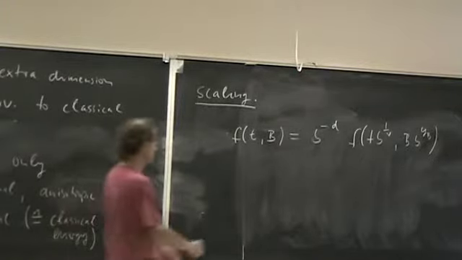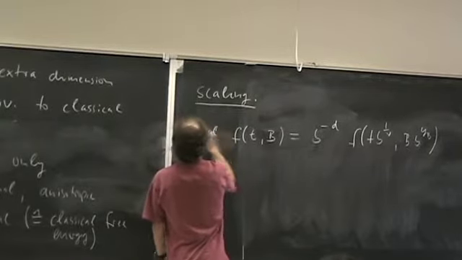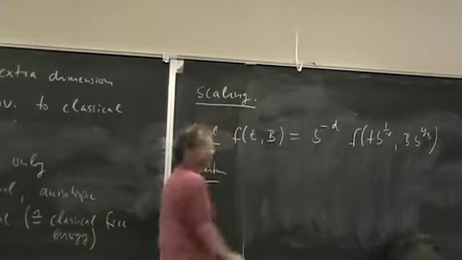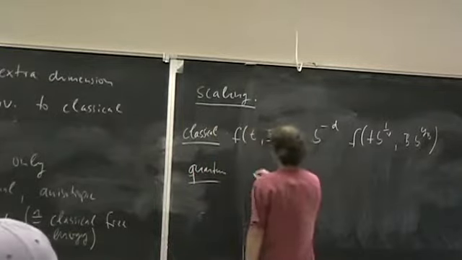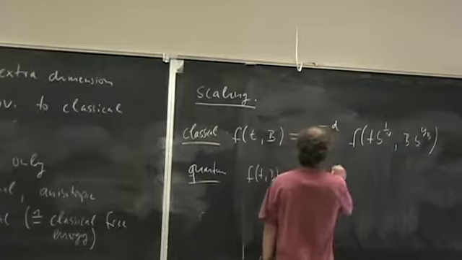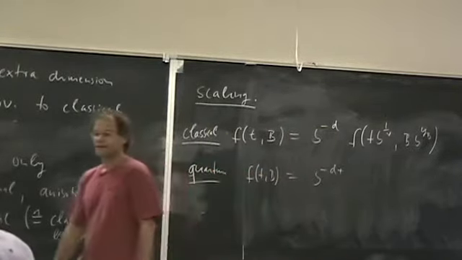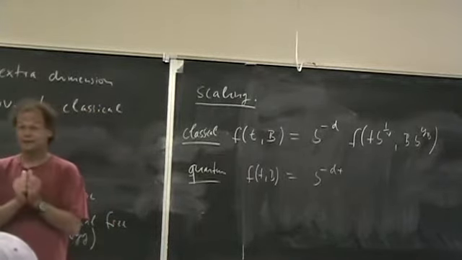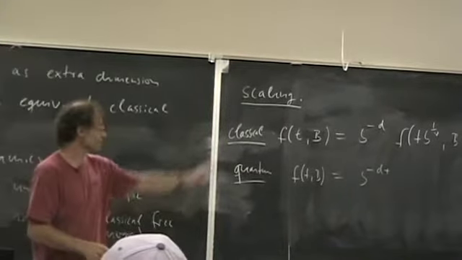So what this suggests is that we should simply replace d here by a higher dimension. So we should write f of t and h is b to the minus d plus, now what should I write here? If space and time really enter the theory symmetrically, as happens sometimes, but not always, I should simply write d plus 1.